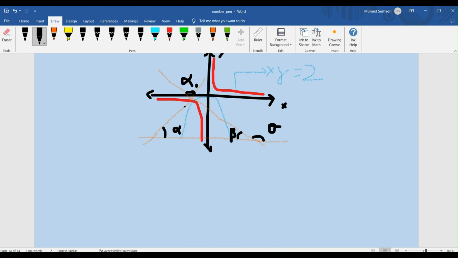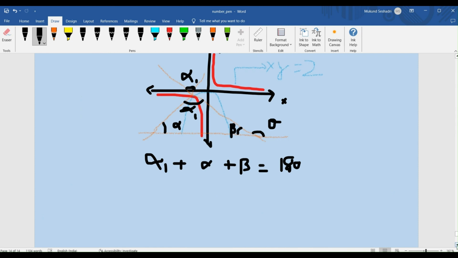Which means we can derive a relationship between alpha, beta, and alpha 1 using the properties of a triangle, right? So I'm going to write this down here. So alpha 1 plus alpha plus beta equals 180 degrees, right?